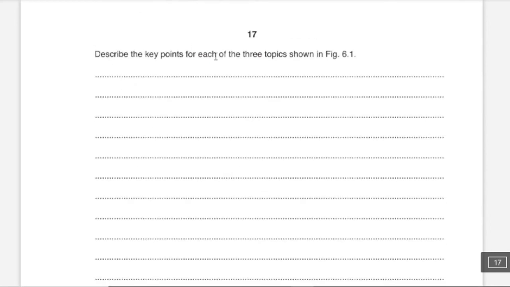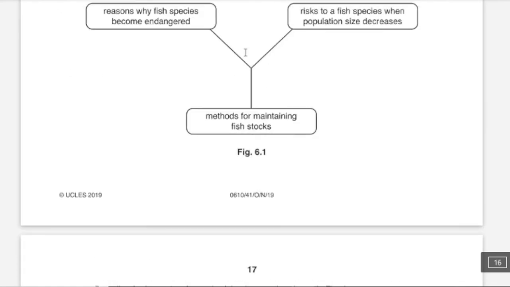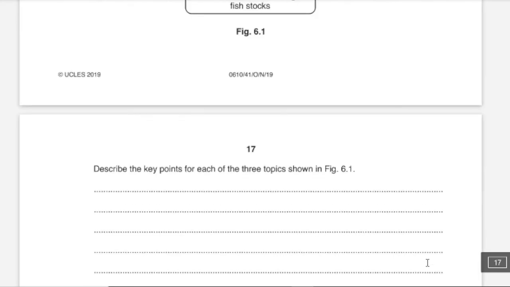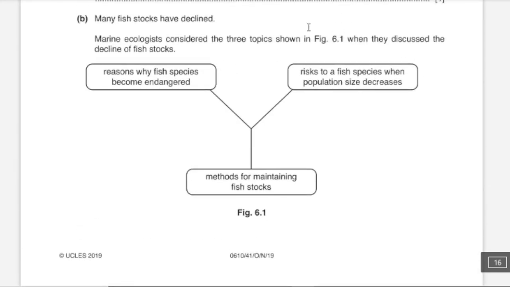Describe the key points for each of the 3 topics in figure 6.1. Okay, so we're going to be giving reasons. This is a question for 6 marks, and by distributing those marks equally, this would give us 2 points for each of the objectives over here.